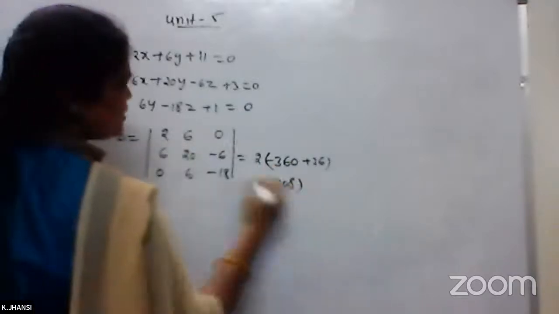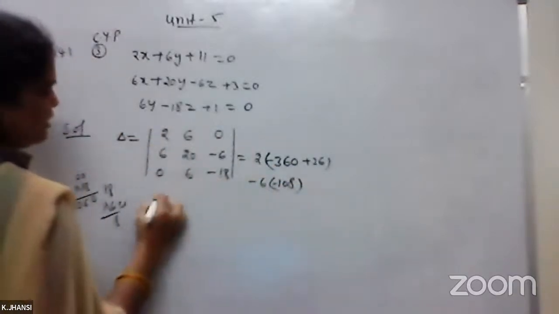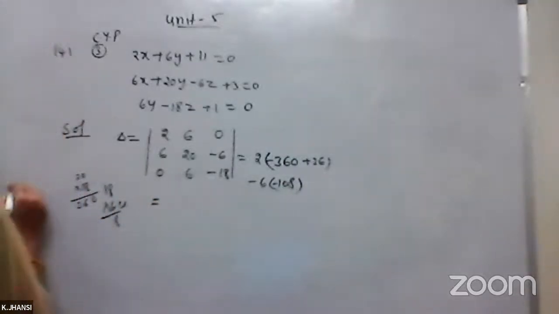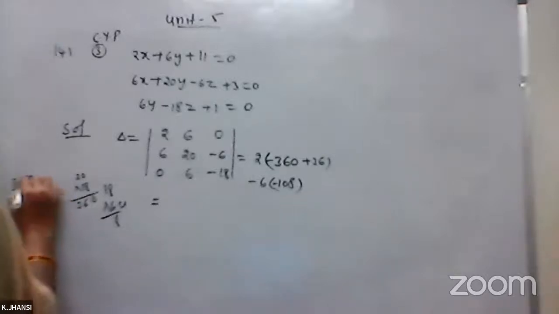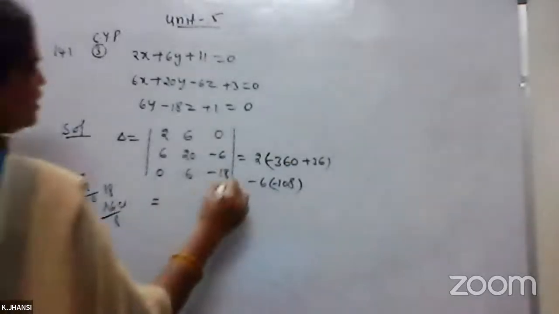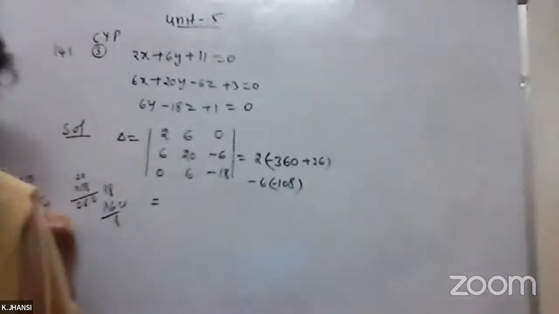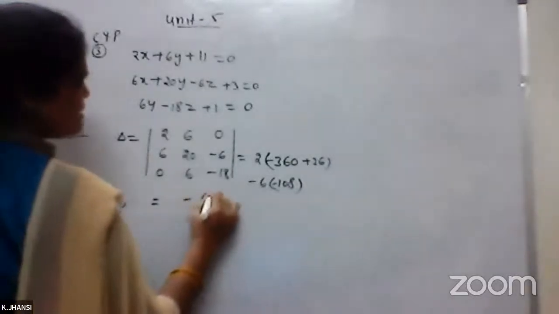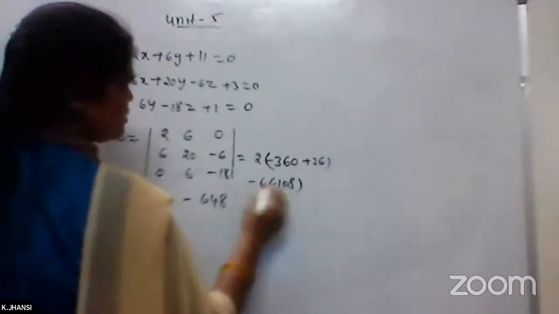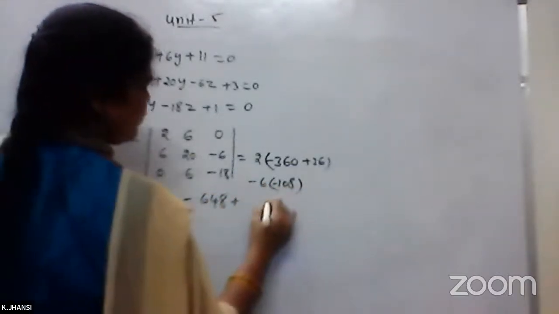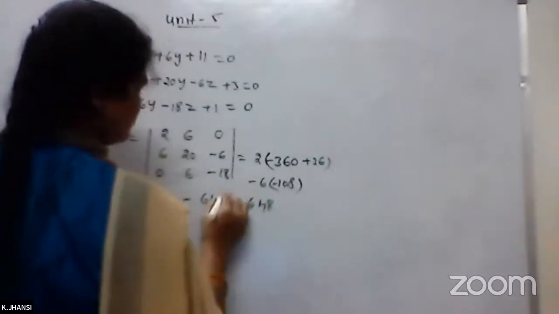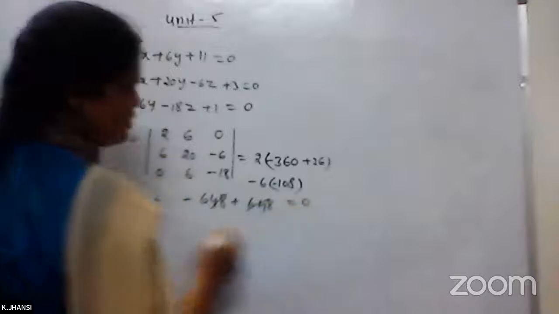So you'll get this as 0, and 0 times that value gives 0. Okay. Minus 360 plus 36 means minus 324. Then 324 times 2 is 648, so minus 648. Minus into minus is plus 6 times 108, which is 648. So both you are getting as 0.